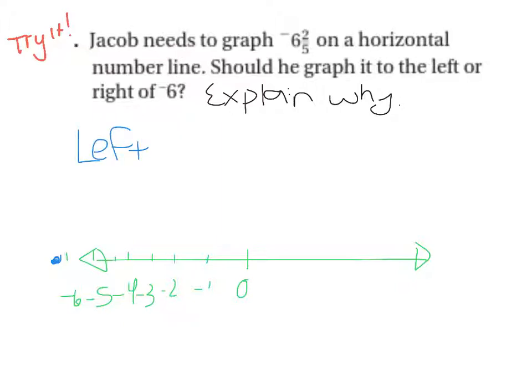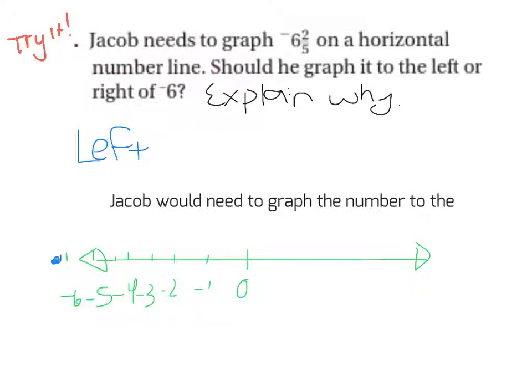And so to explain this, I'm going to type my answer. I'm going to write Jacob would need to graph the number to the left because it is smaller than -6. And that would be my explanation.